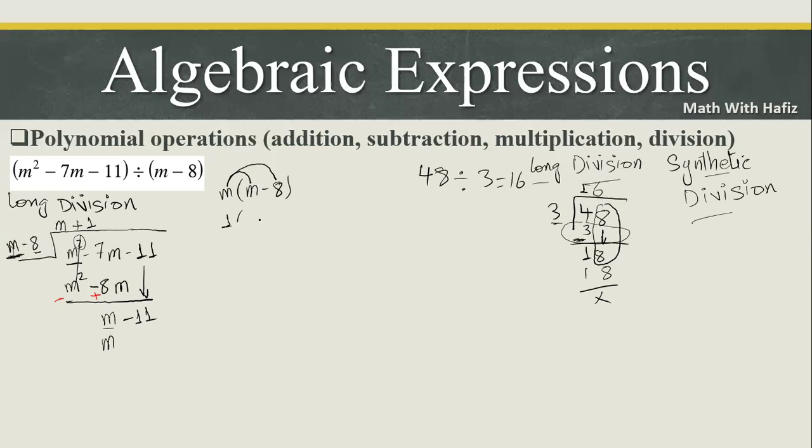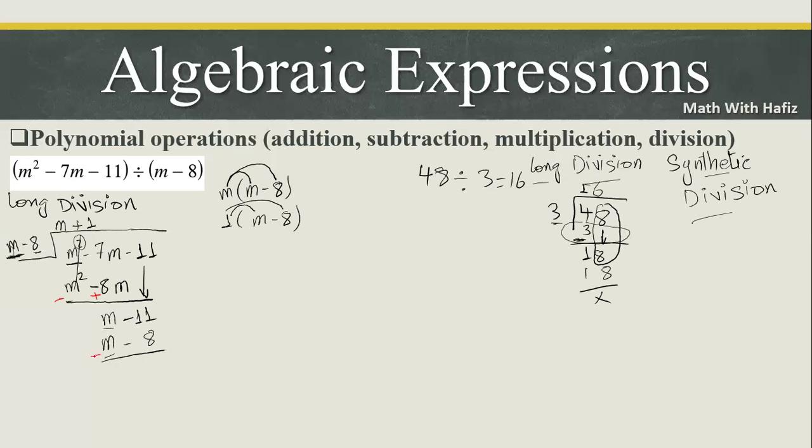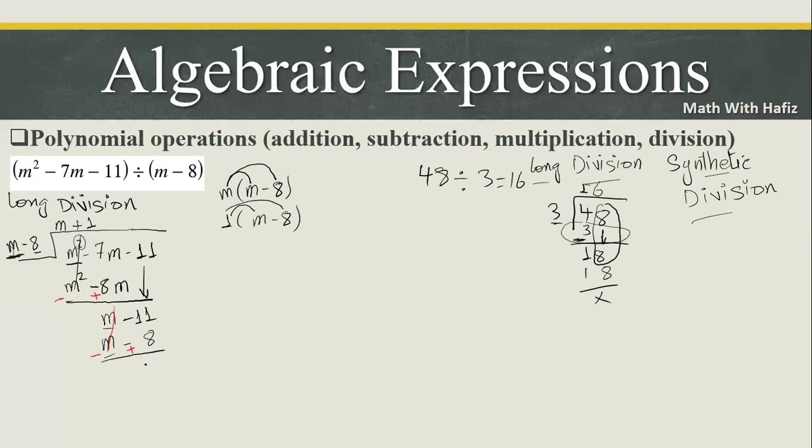Now again you are multiplying with 1 the divisor: 1 multiplied by m, and 1 multiplied by -8 gives you -8. Again, the same concept, you change the signs. m minus m will be cancelled. -11 plus 8 will give you -3.